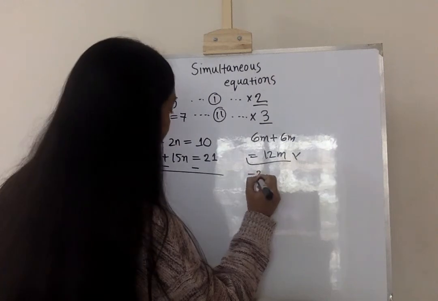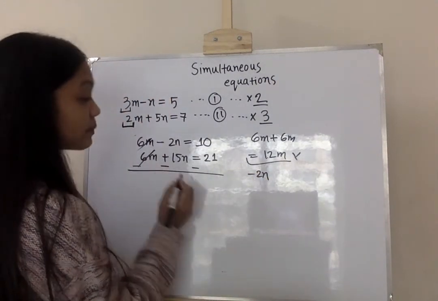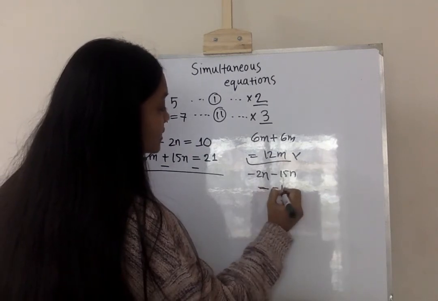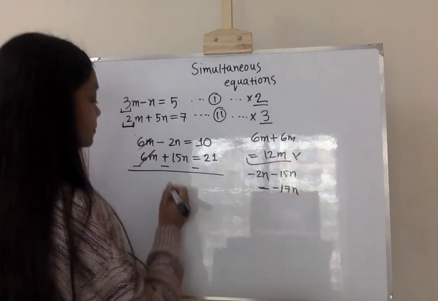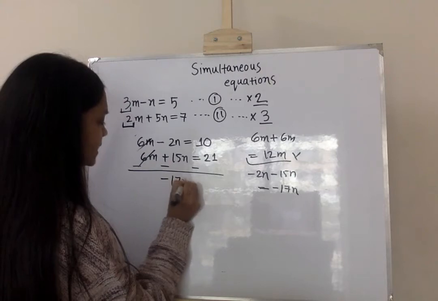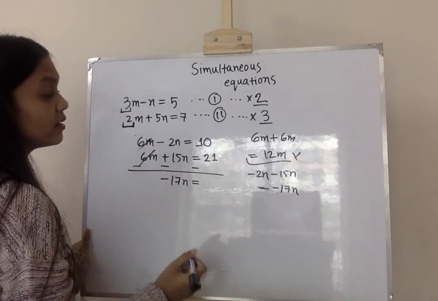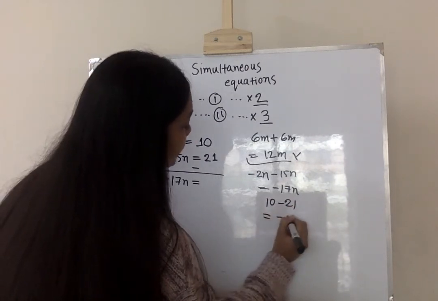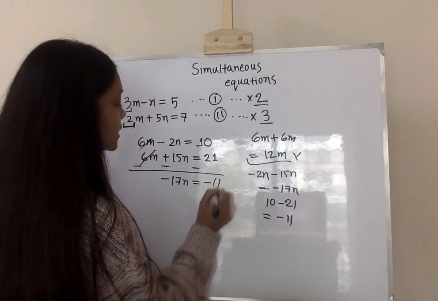Minus 2n, plus minus is minus, minus 15n is equal to minus 17n. Minus 17n is equal to 10 minus 21, which is equal to minus 11.